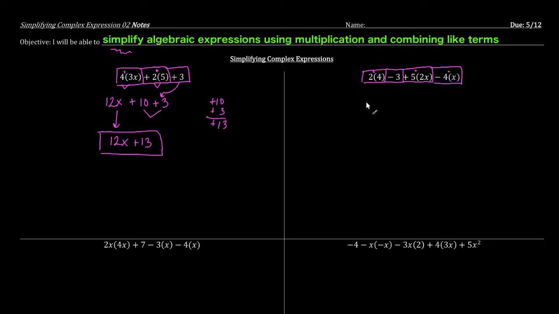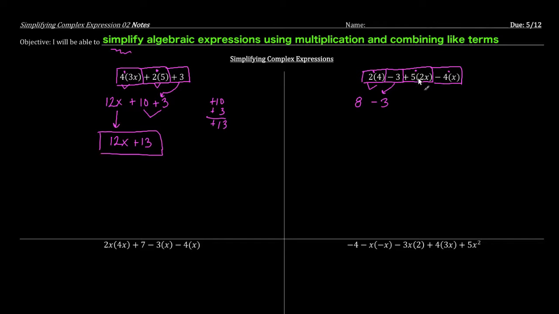Now the easiest part to do here is just simplify the multiplication. So this one has multiplication, this group has multiplication, and this group has multiplication. 2 times 4 is 8. This just stays the same, minus 3.